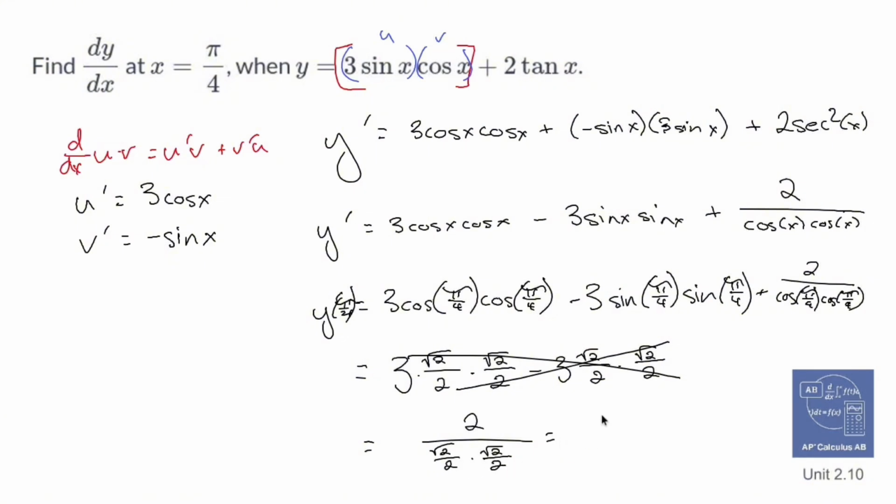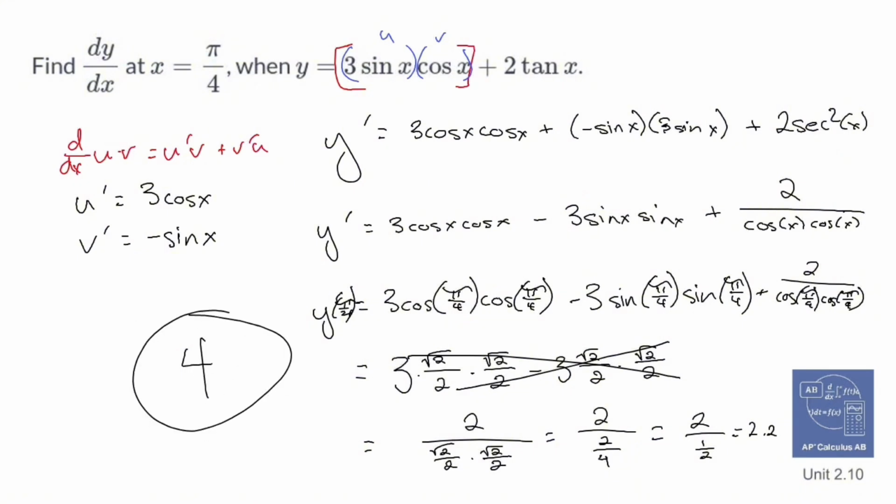So 2 over the square root of 2 times the square root of 2, which is the square root of 4, which is 2, over 2 times 2, which is 4. So I get 2 divided by a half, which is the same thing as 2 times 2. And after all of that, you get 4.